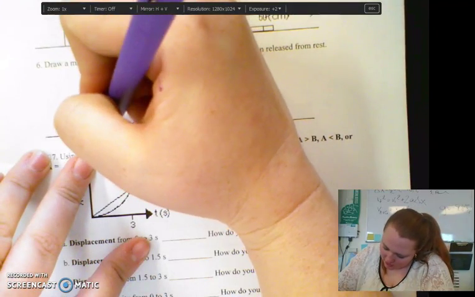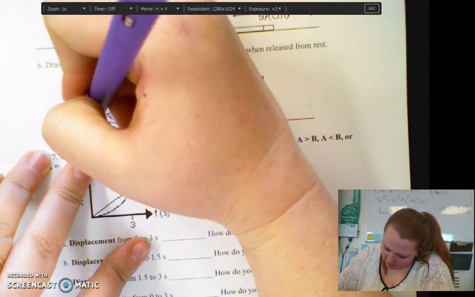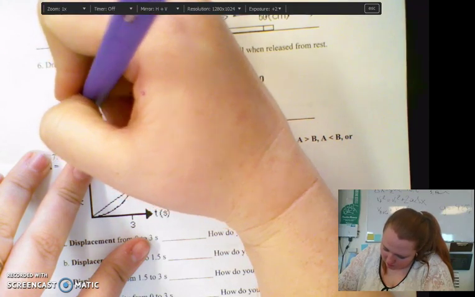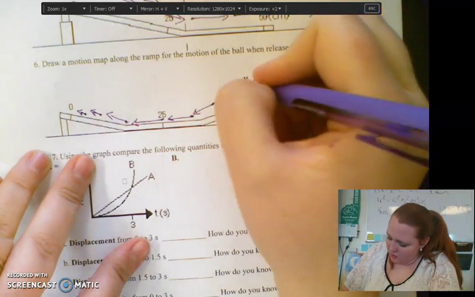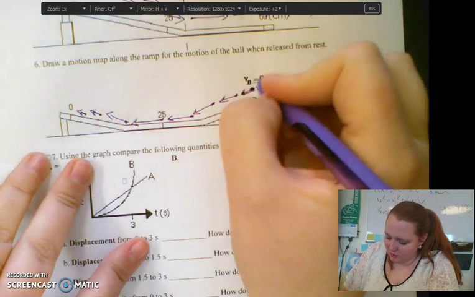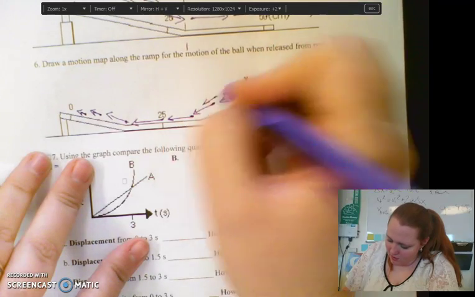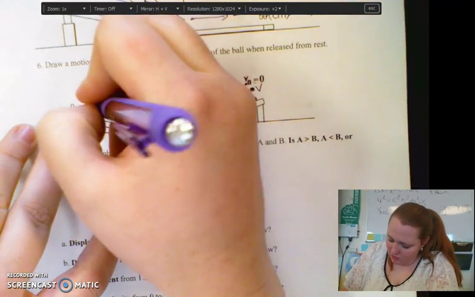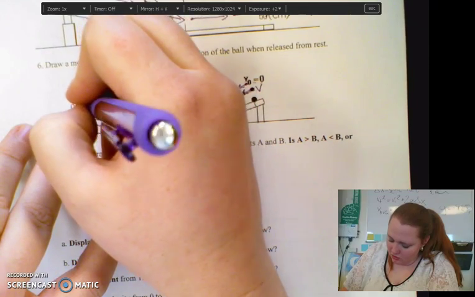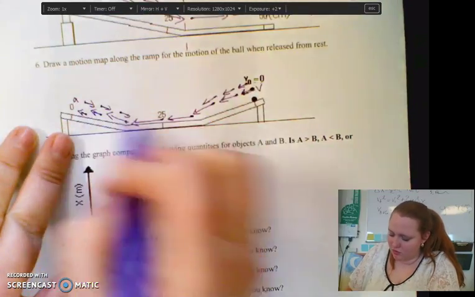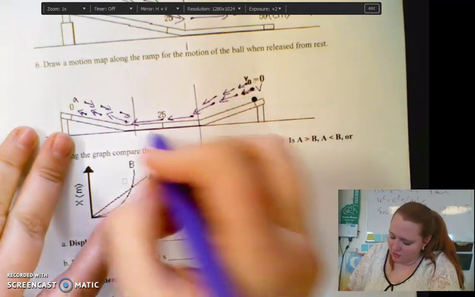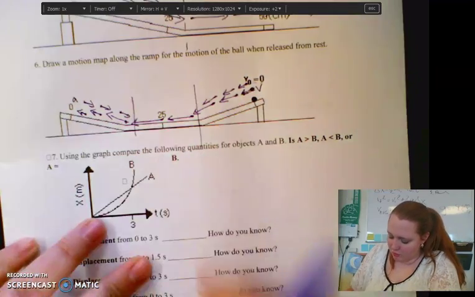And then as it goes up, we're going to start to slow down. There's my velocity vectors. Now, when we speed up, my acceleration vectors go in the same direction. When we slow down, my acceleration vectors go in the opposite direction. So my acceleration vectors are going to look like this. And there's no acceleration here on the flat portion.